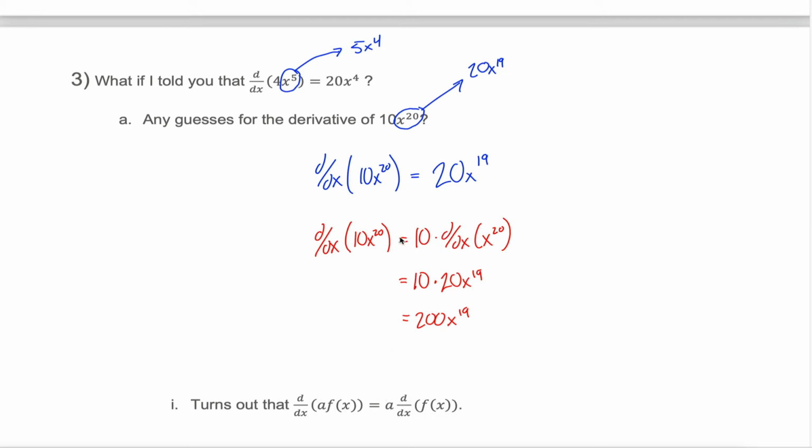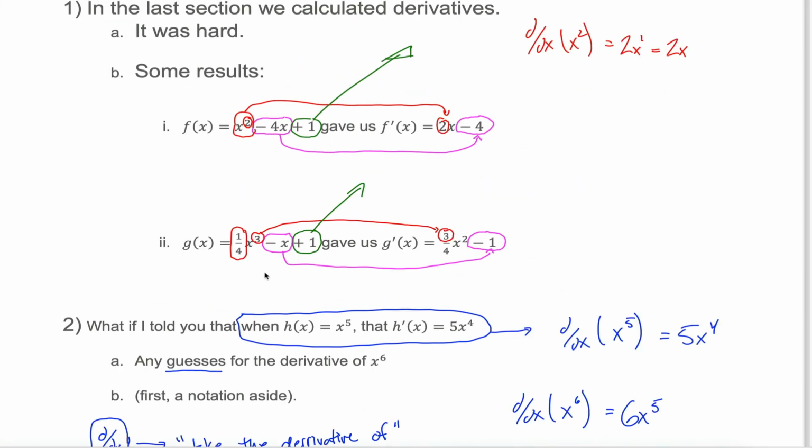It might be easier to just remember an example like this. And we've actually seen this already. Remember this 1/4 x to the 3rd power part of this polynomial? Now that you know the power rule and this coefficient rule, we can evaluate the derivative of 1/4 x to the 3rd. We take the 1/4 out in front, and then we multiply that by the derivative of x to the 3rd power. You know the derivative of x to the 3rd power because you know the power rule.